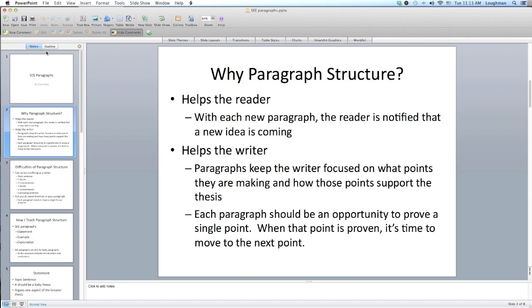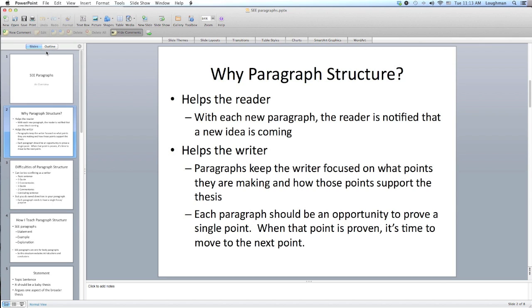You should have a very specific reason for writing that paragraph. It should be to prove a single point that helps that thesis. And in indenting and starting a paragraph, it should be a reminder to you as the writer, what is my goal here?